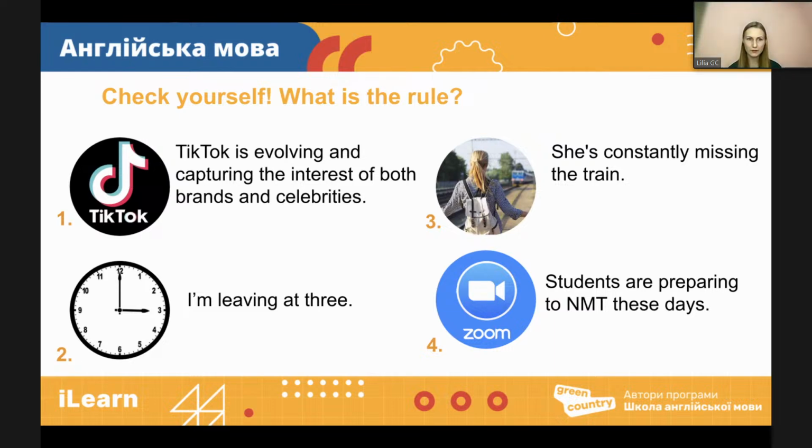So, should I translate the first sentence? TikTok розвивається, evolving, like evolution, right? And capture, like захоплює, the interest of both, обох, brands, бренди, and celebrities, like famous people. So, did I help you, Mihaila? I hope so. And what rule is it? Okay, someone is saying graph. That's good that you have visual memory, but that's the rule about something.